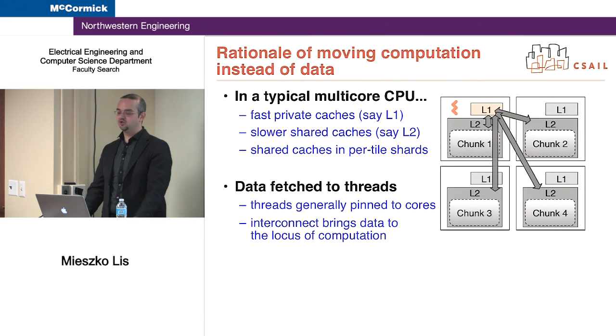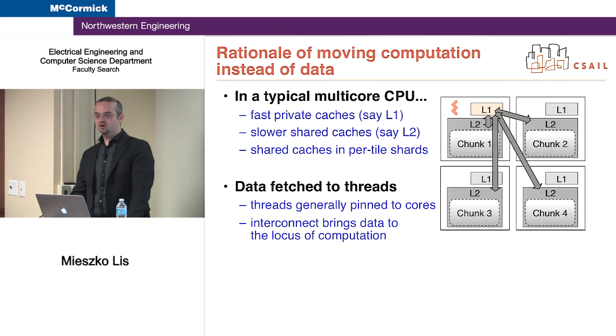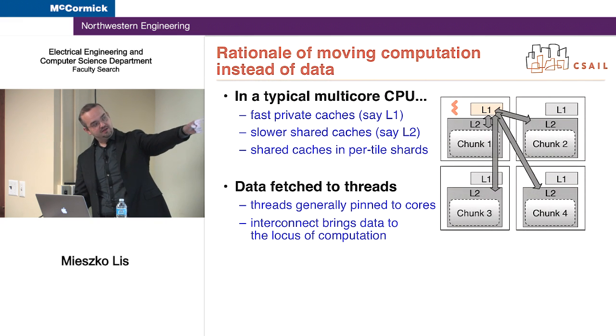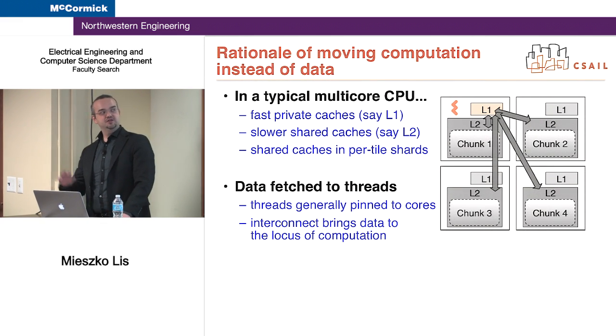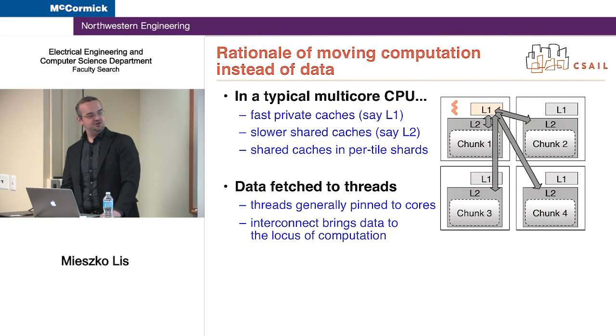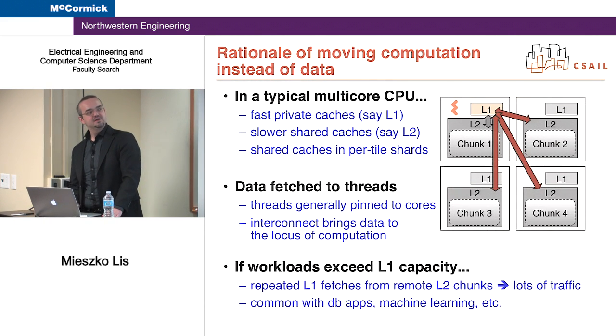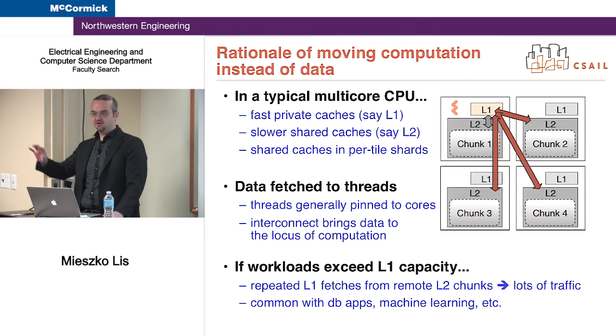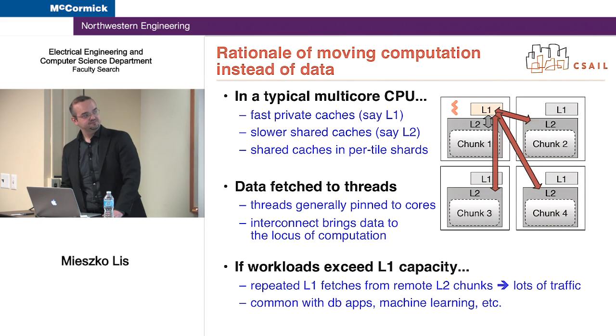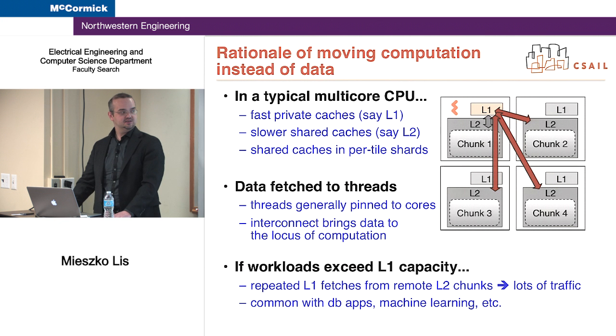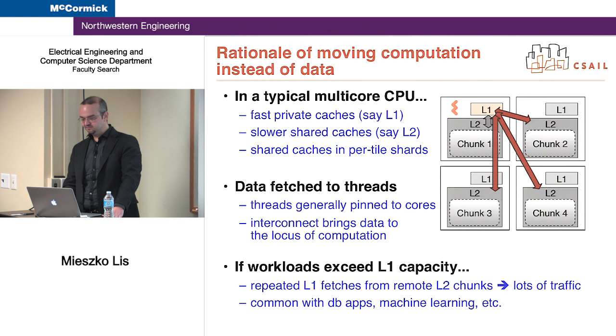And generally, when you're running a thread on a core, then the data is fetched to the thread. So when you're running the thread on core 1 over there, you're generally accessing its own cache. But when the cache capacity is exceeded, you have to access the various pieces of data that are cached in different places. You can move some of it around, as people have done with Arnuka, for example.